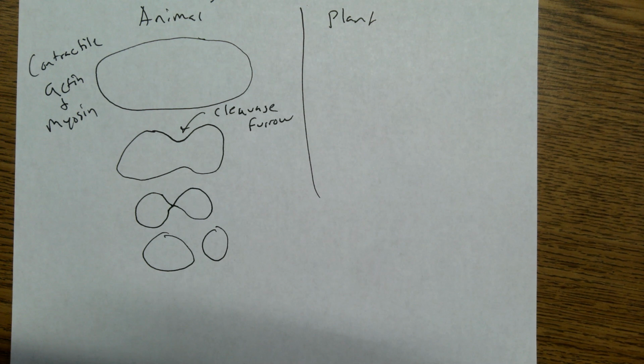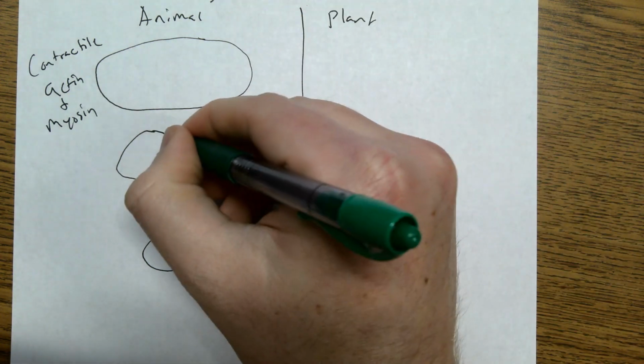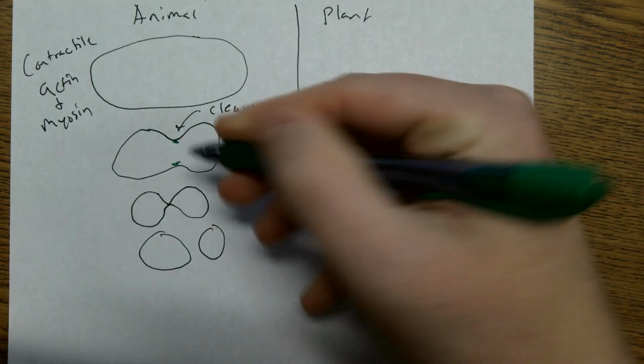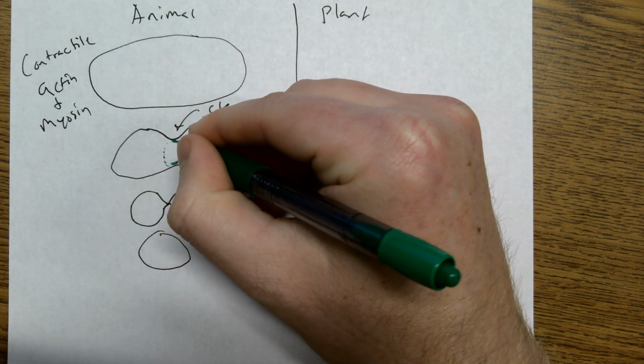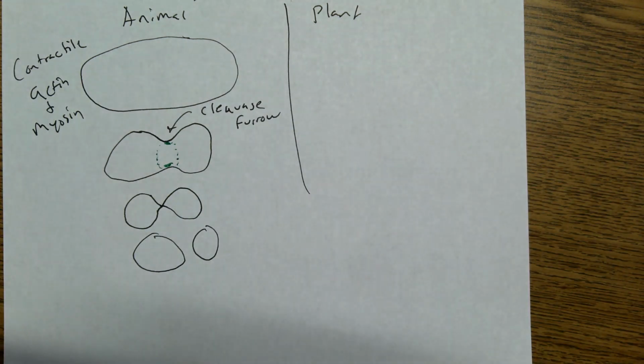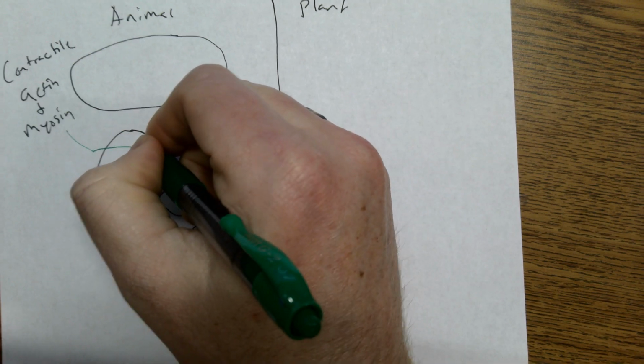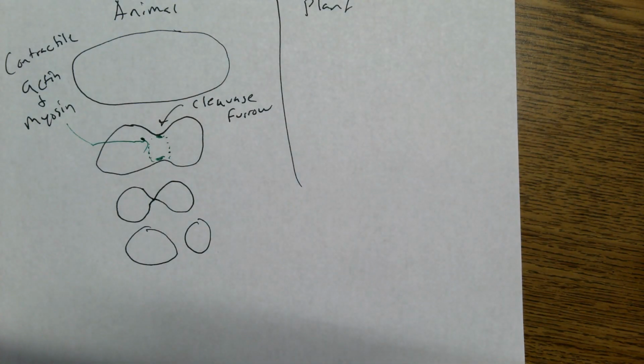They actually form the cleavage furrow. They're a ring around the outside, like if we were to draw it in 3D, and they're pulling it inward. So the actin and the myosin are creating this contractile ring.